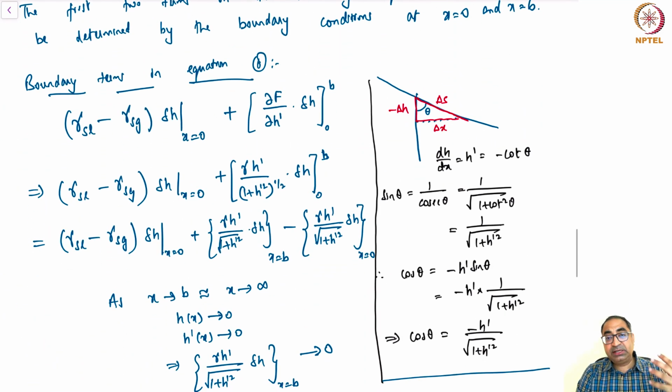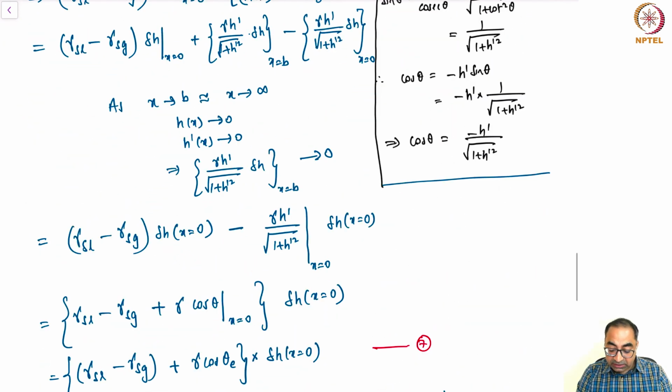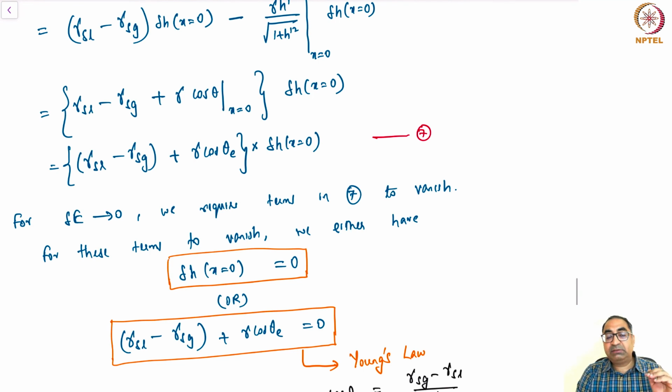One of the elegant things about the energy minimization approach is that it also tells me something about the boundary condition. In the force balance approach, the boundary condition has to be specified by you. When we did that, we just said the angle at the wall is theta e. But now we can evaluate that more closely, and we found that it's not always that I can pick the angle.